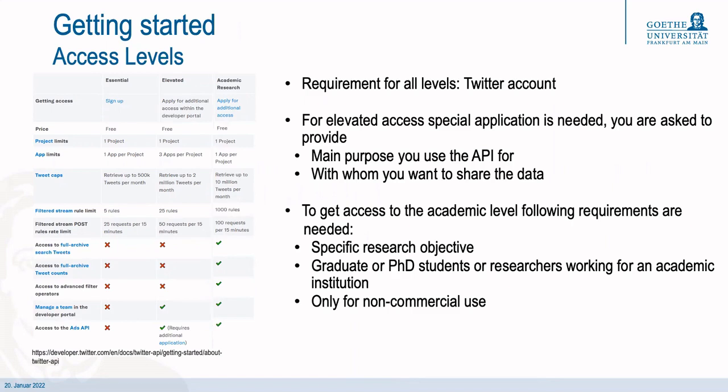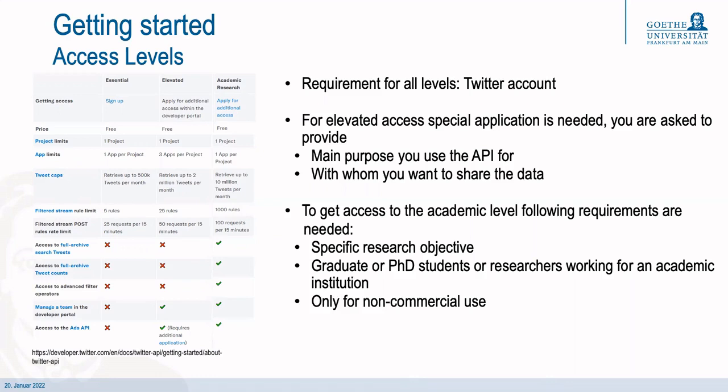And for all these 3 access levels, the requirement is to have already a Twitter account. Thereafter, we do recommend you to use the elevated access level because you do not only have the opportunity to receive far more tweets compared to the essential access level, but you also have a higher amount of endpoints of the API you can receive.